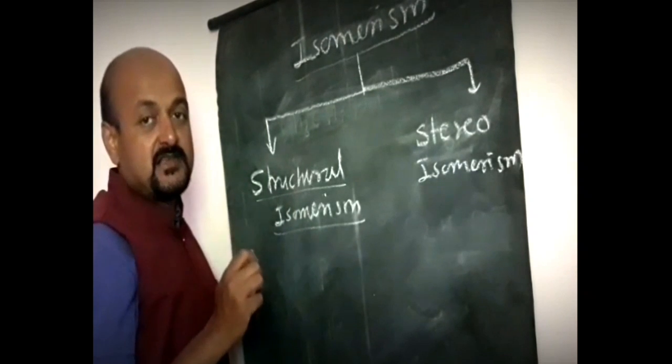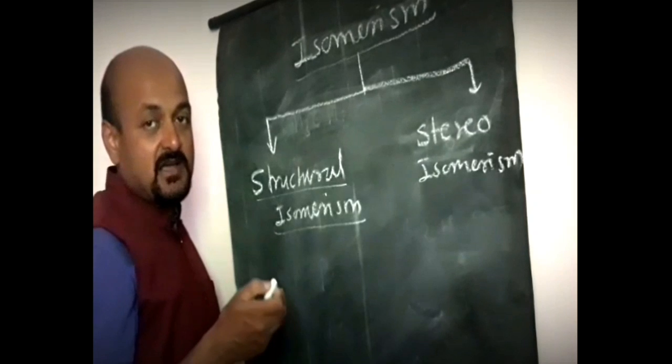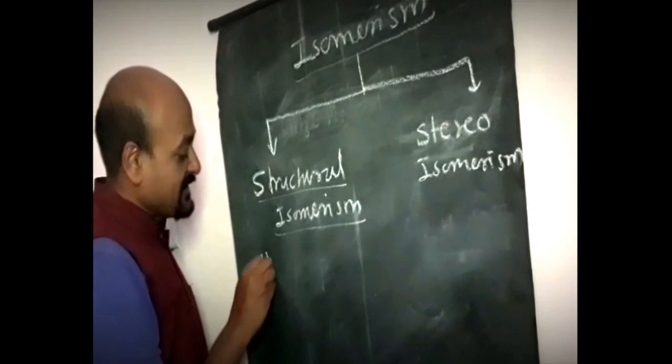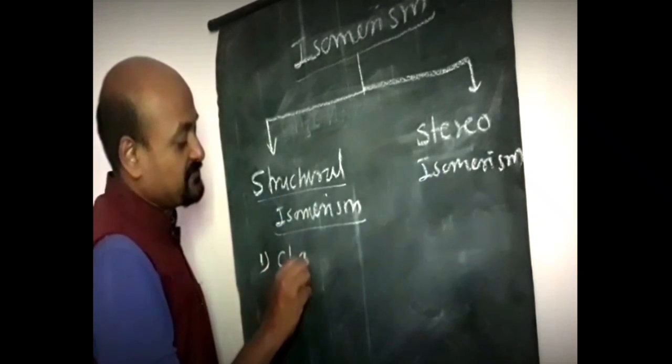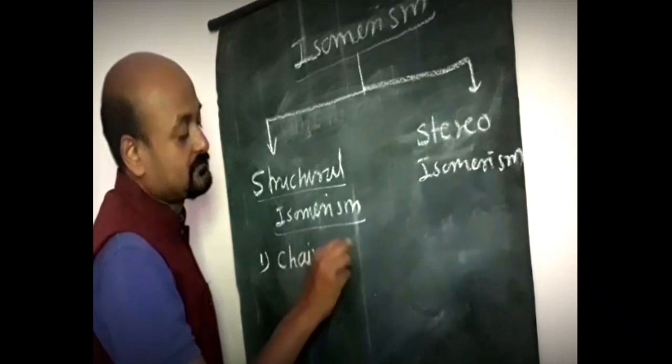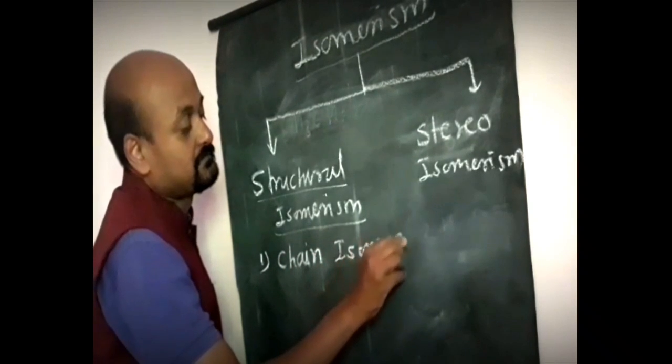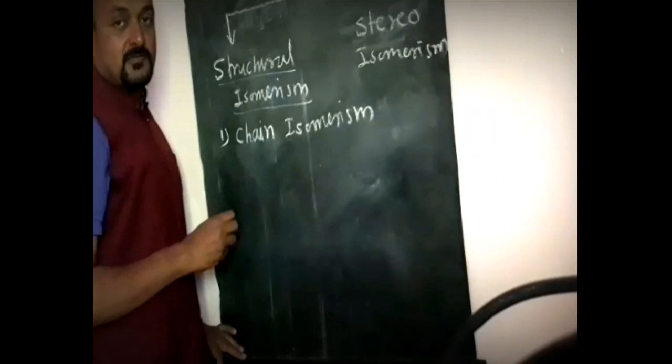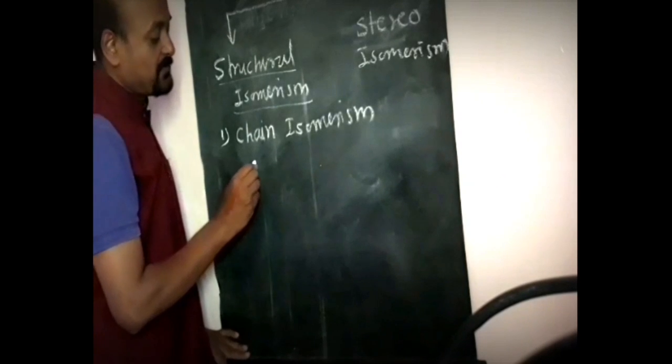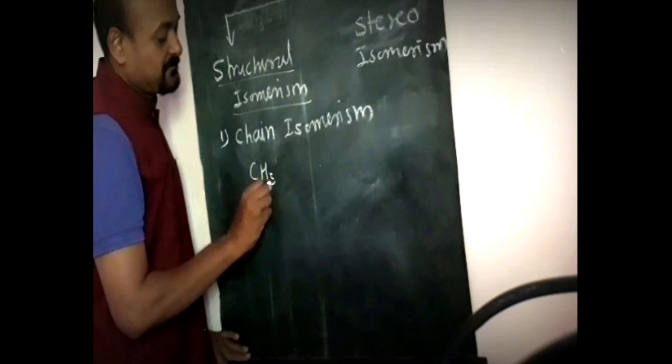Now let us discuss various types of structural isomerism. The first one is chain isomerism. You know the examples of butane and isobutane.